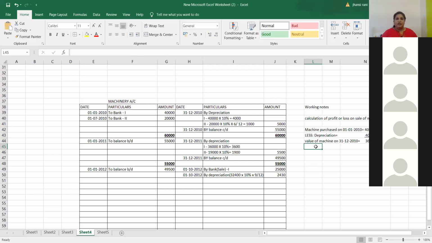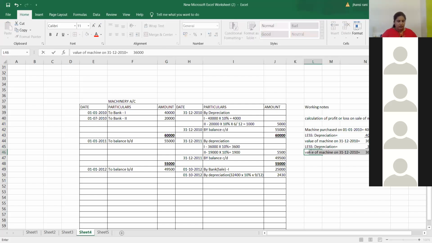So again in the second year we are providing depreciation, and the depreciation amount will be, as we have already calculated, 3,600. So we get an amount of, and the difference was 33,400.